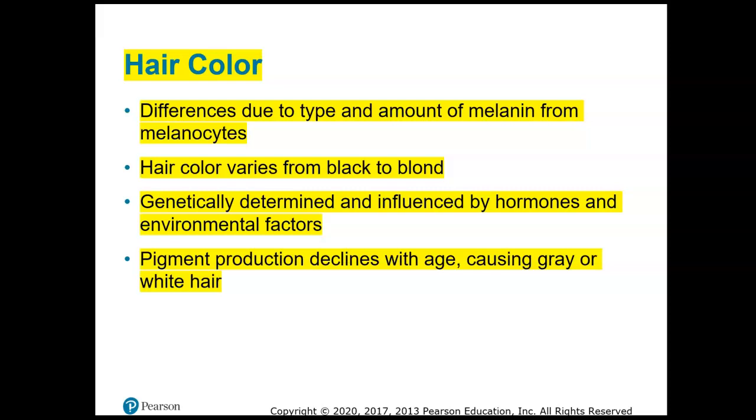All the different hair colors and shades are due to the amount and type of melanin produced from melanocytes. Gray or white hair is due to the declining of pigment production as you get older.